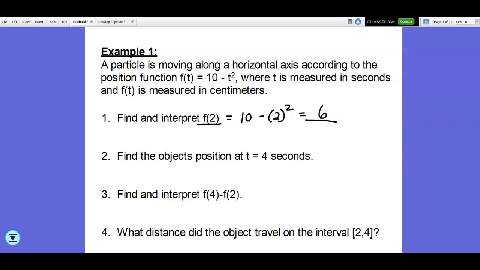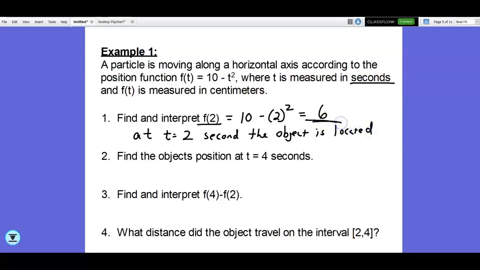But we want to interpret it. And so what this means is that at t equals 2, now we've got to get our units in here. What kind of units are we using for time? We're using seconds. So at t equals 2 seconds, the object is located.